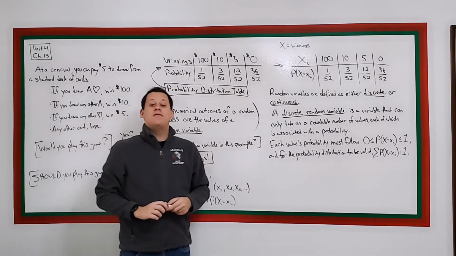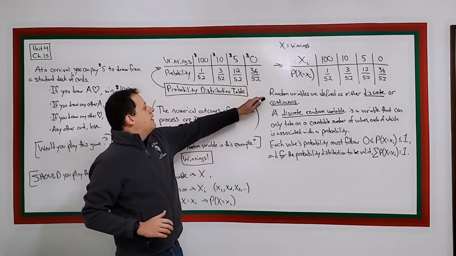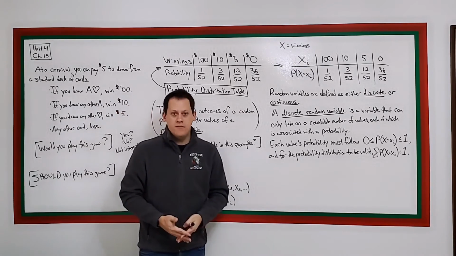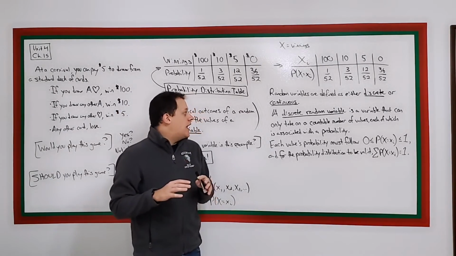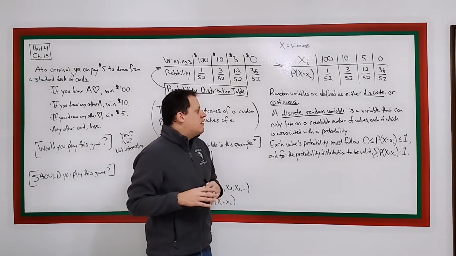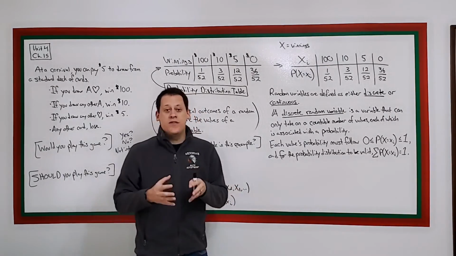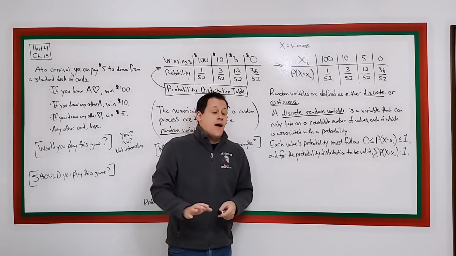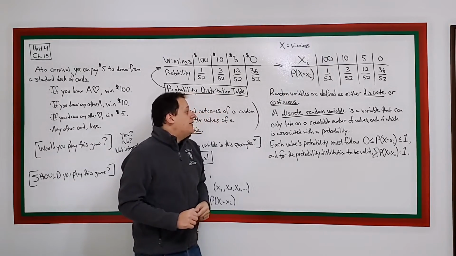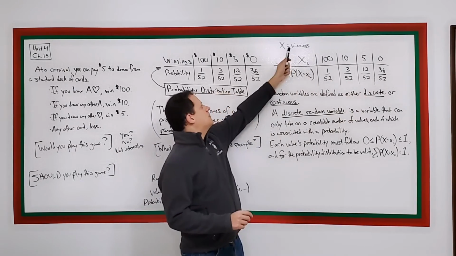All right, so a few definitions now that we're introducing random variables. They can be defined as either discrete or continuous random variables. First, a discrete random variable is one that can only take on a countable number of values, each of which is associated with a probability. Now, this is a discrete random variable, and that's because it can only take on 4 different values, and by this I mean the winnings.